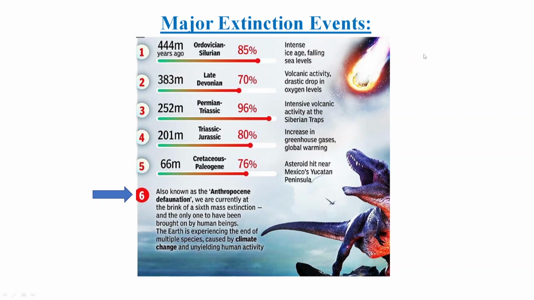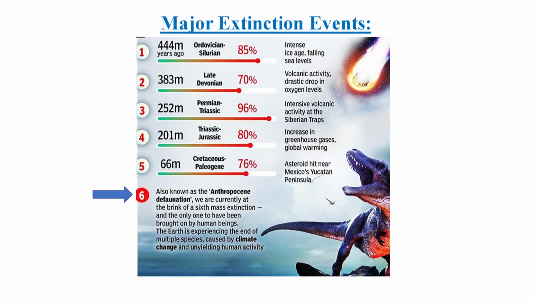At 201 million years ago, at the Triassic-Jurassic boundary, 80% of the available biodiversity was lost, due to an increase in greenhouse gases that led to global warming. And the final one, before the present extinction event, we will be talking about that.